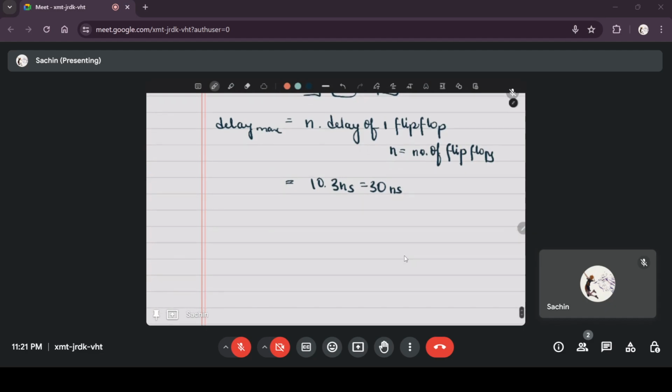So the maximum frequency that it can operate at is nothing but 1 over the maximum delay, which is 1 over 30 nanoseconds, 1000 over 30 megahertz, 33.3 megahertz.